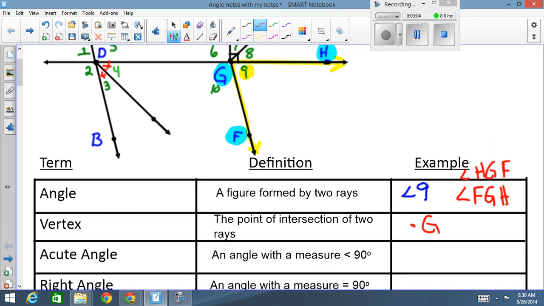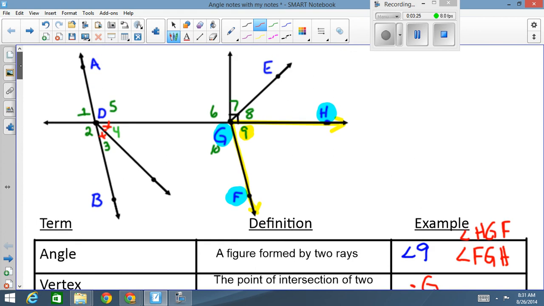Alright, let's keep going. An acute angle. Acute is an angle with a measure less than 90 degrees. Okay, this is your less than sign, in case you're not up on your inequalities. Alright, so there's a couple angles up here that we could identify as being less than 90 degrees.